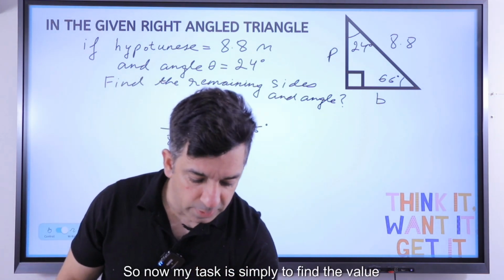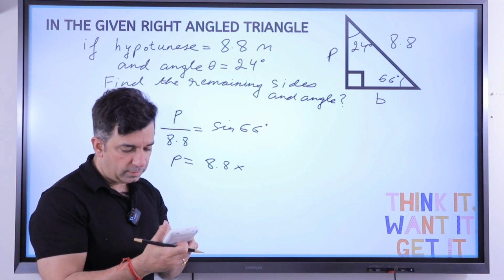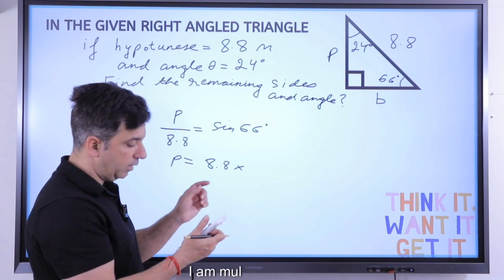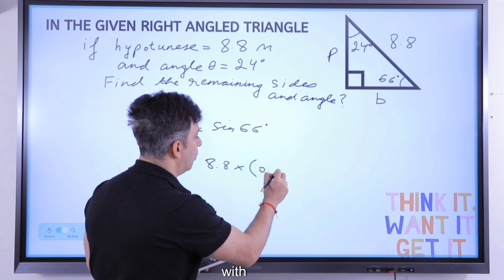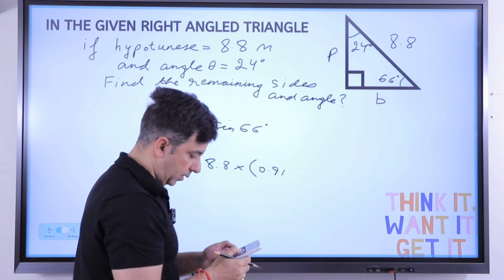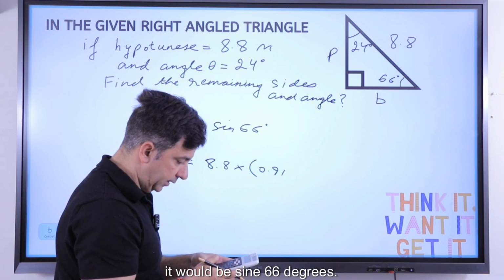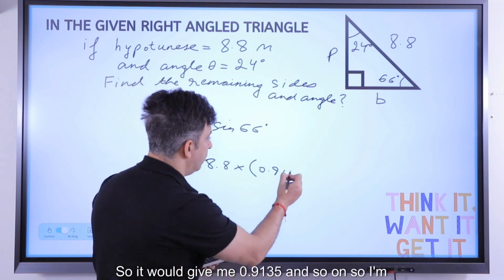Now my task is simply to find the value of sine 66 degrees, which you can do easily. That would be equal to 0.913.